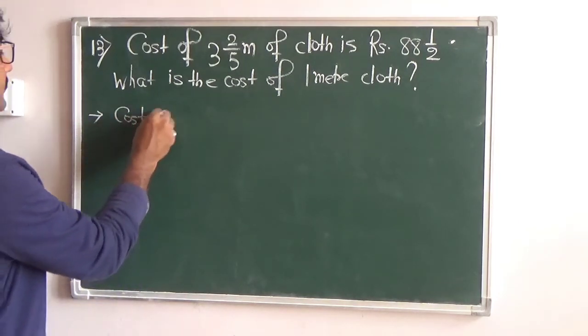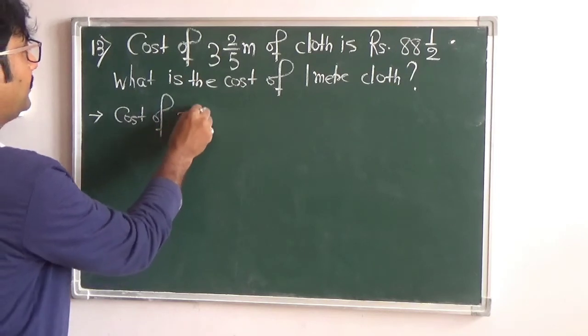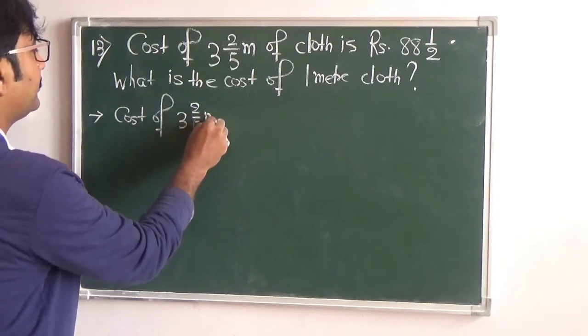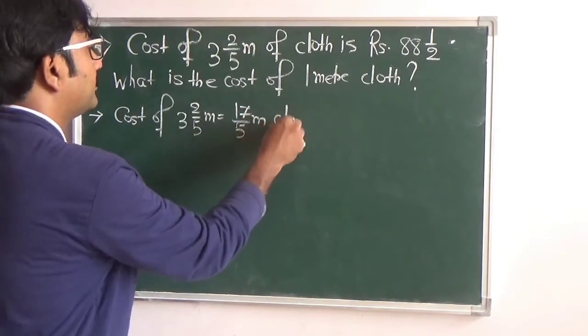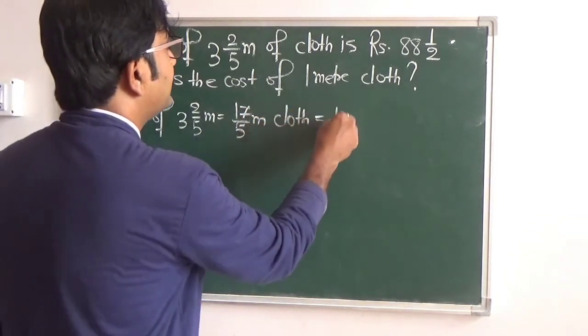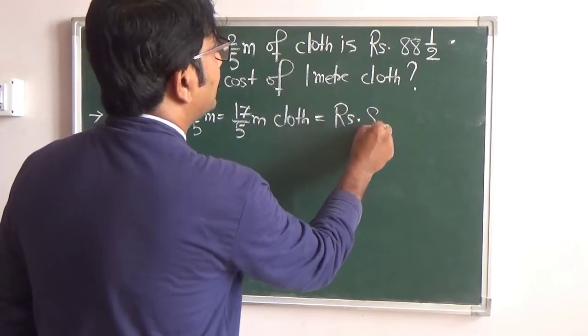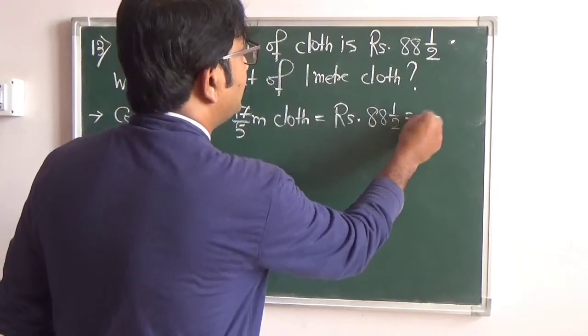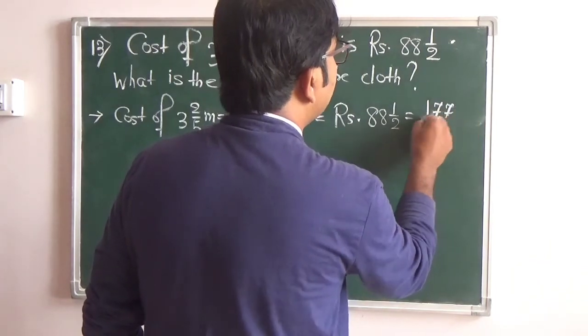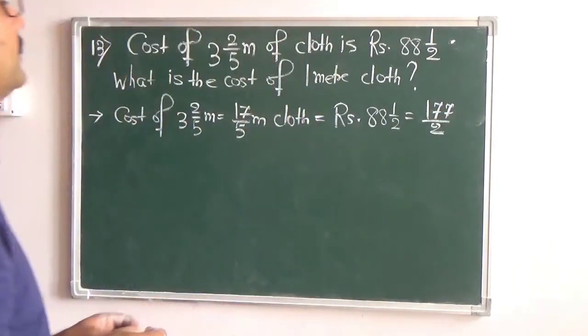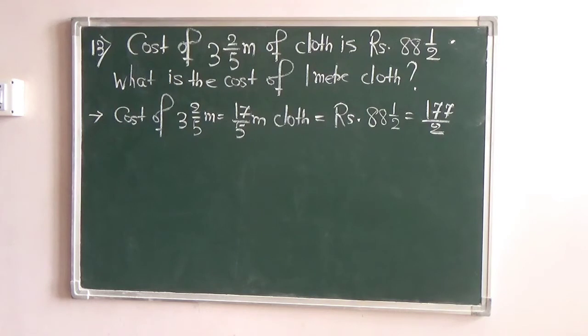So the cost of 3 2/5 meter, that is 17/5 meter cloth, is equal to rupees 88 1/2. That is 177/2. So what is the cost of 1 meter?